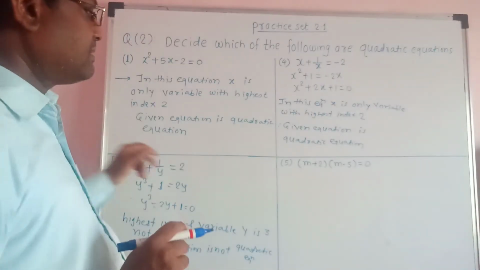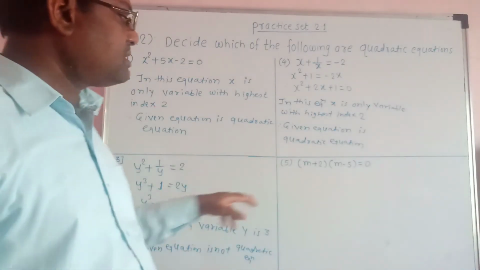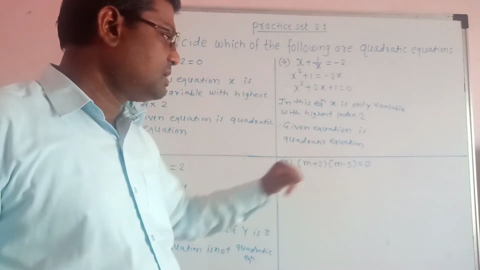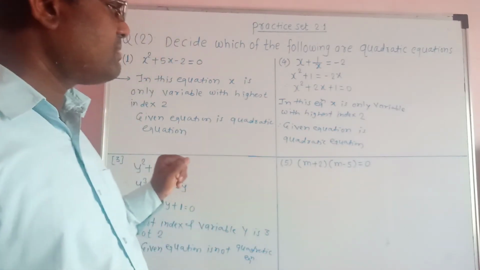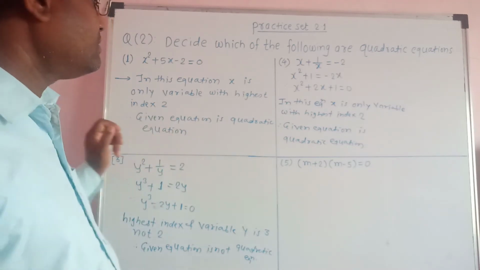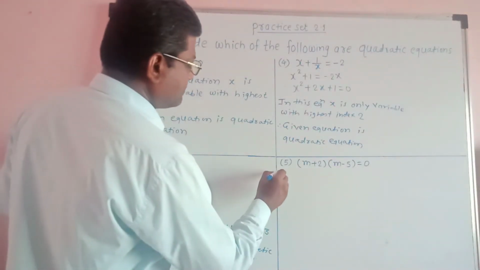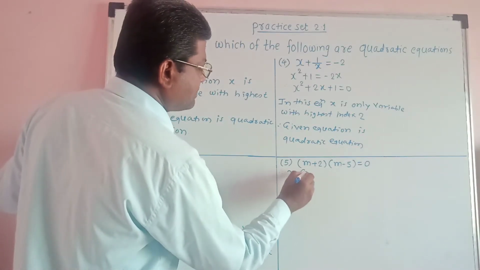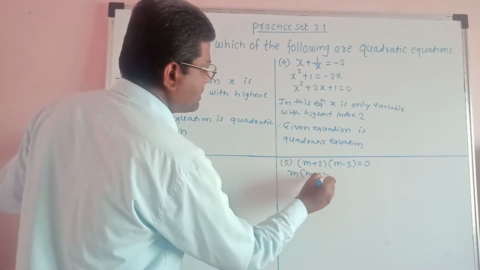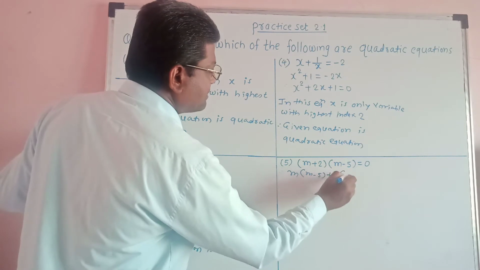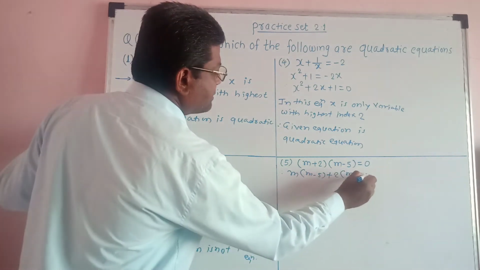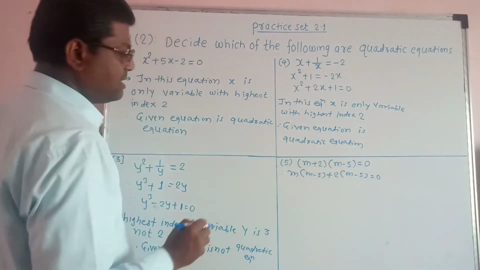Now let us see example number 5. In the first bracket m plus 2 and in the second bracket m minus 5 is equal to 0. Now simplify this equation. Therefore, m into the bracket m minus 5 plus 2 into the bracket m minus 5 is equal to 0.